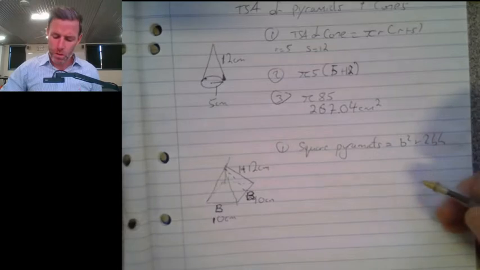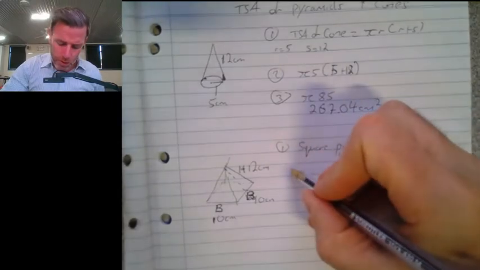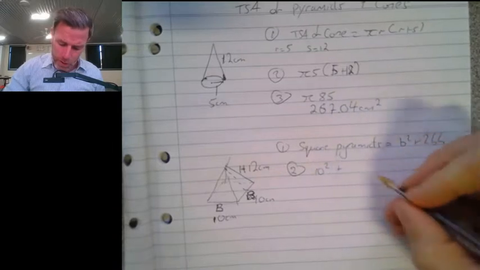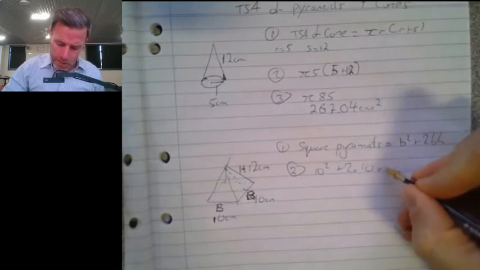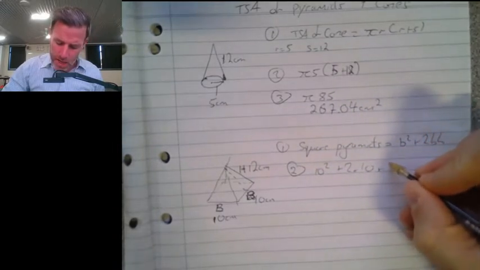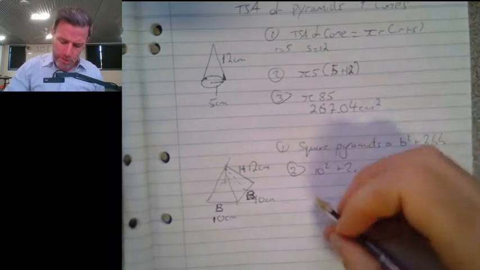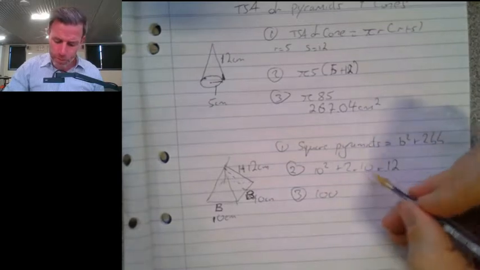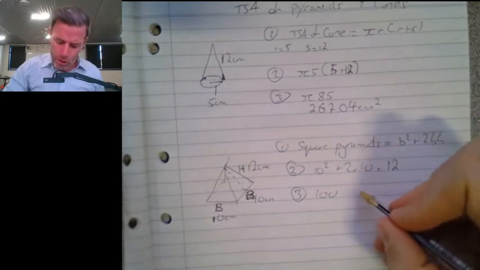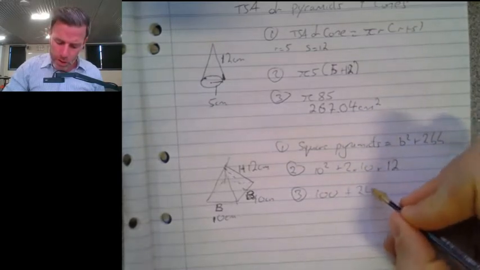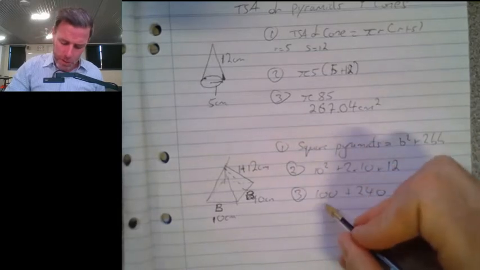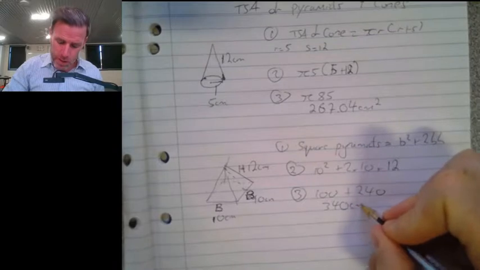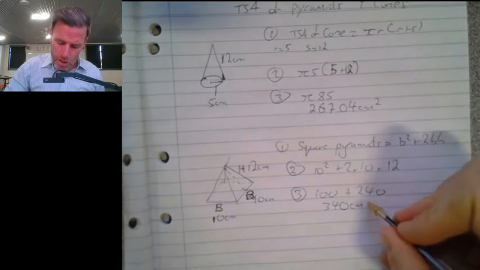So we'll substitute next, so it's 10 squared plus 2 times 10 times h, 12. Then we solve: 10 squared is 100, 10 times 12 is 120, 2 times 120 is 240, and 100 plus 240 is 340. And again it's surface area, so it's centimeters squared.